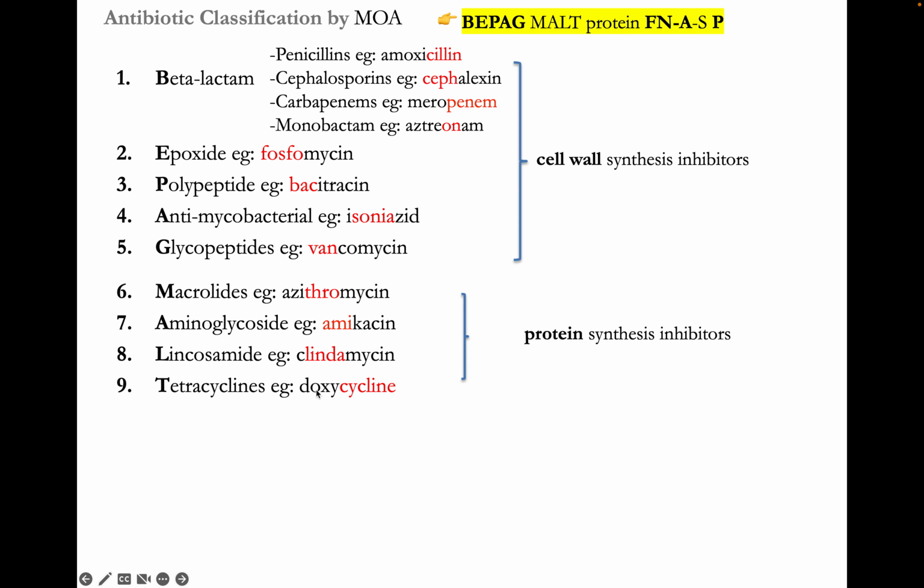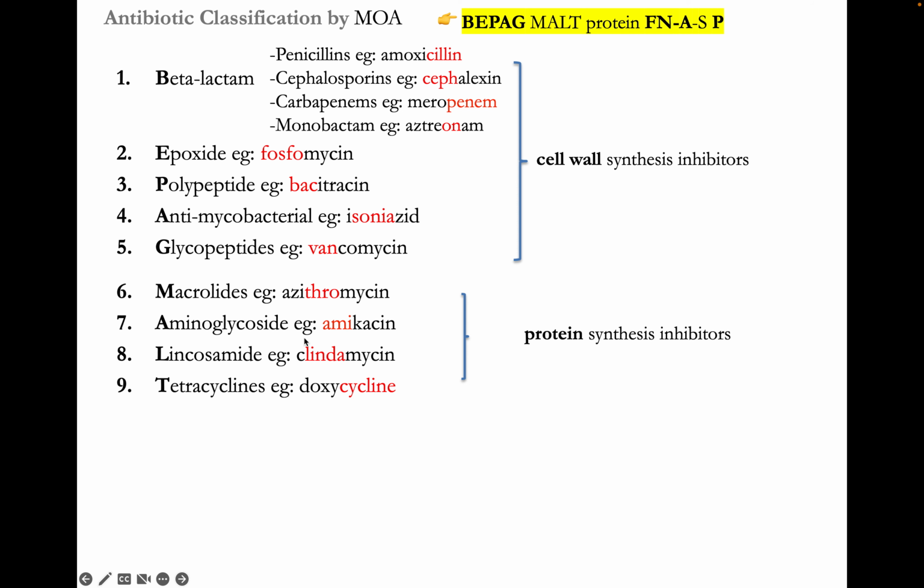Tetracyclines, example, a commonly used drug is doxycycline. There is another drug named tetracycline. Keep in mind, tetracycline is a class name, but there is a drug name also, tetracycline. Anyway, all these four classes, lincosamide, aminoglycoside, macrolide, tetracycline, are protein synthesis inhibitors.